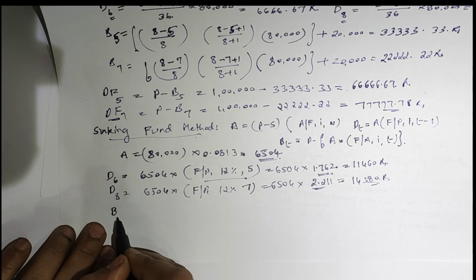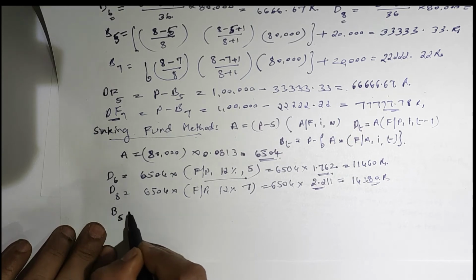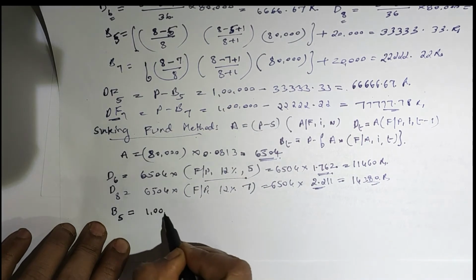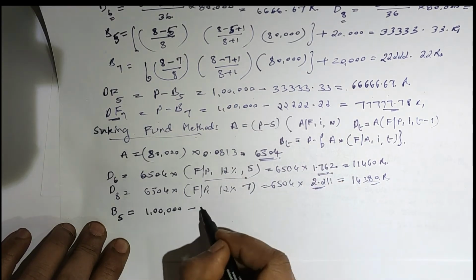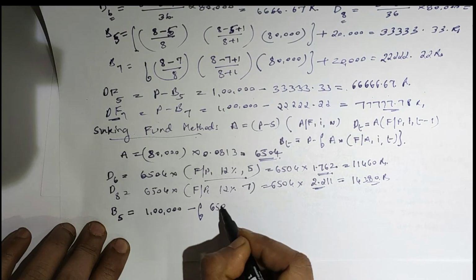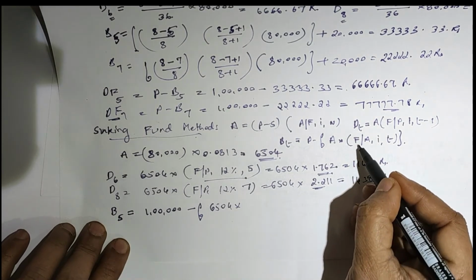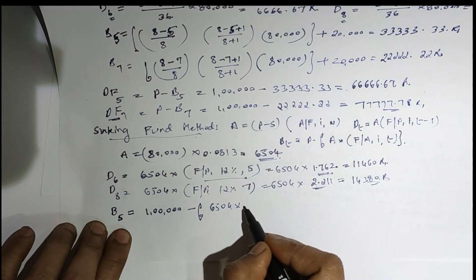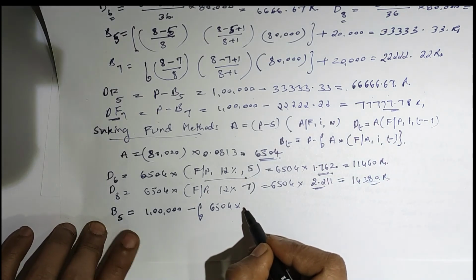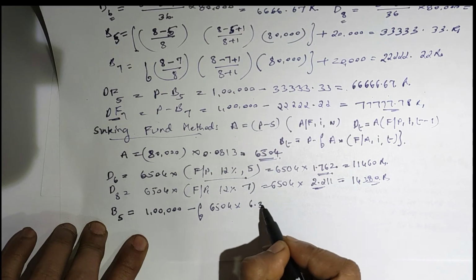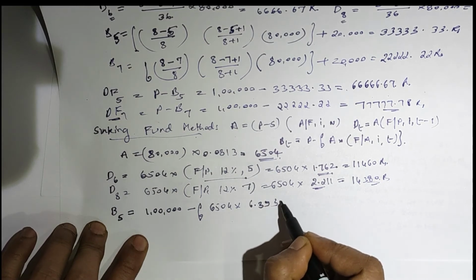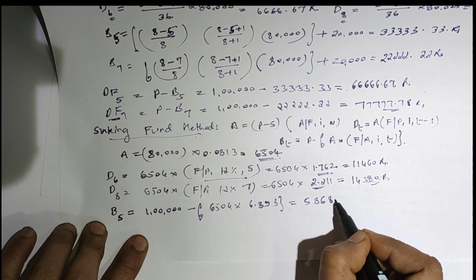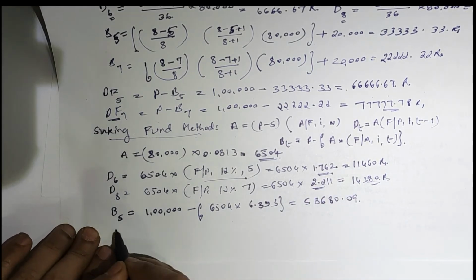Next, let us calculate B5 and B7. B5, T is equal to 5: 1 lakh, because P is first, minus 6504 into F given A 12%, T is 5. For that the value is 6.353. So it comes to 58,680.09.